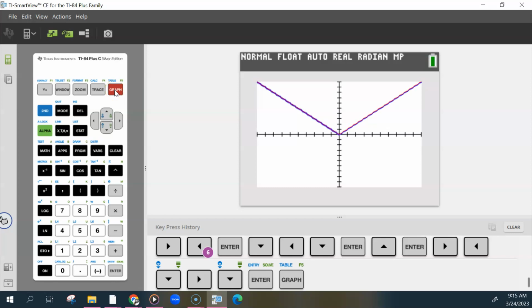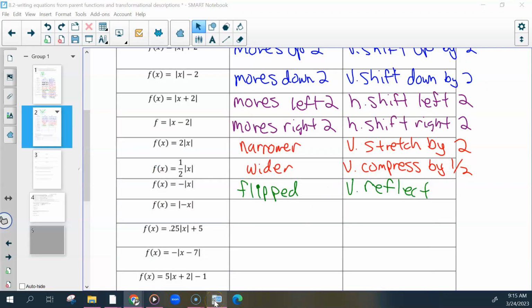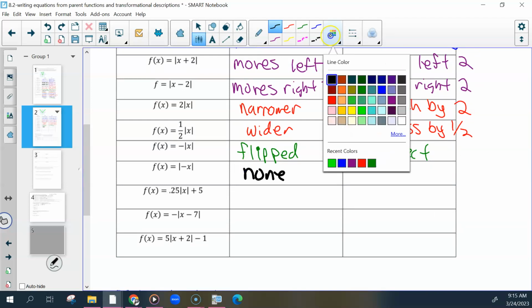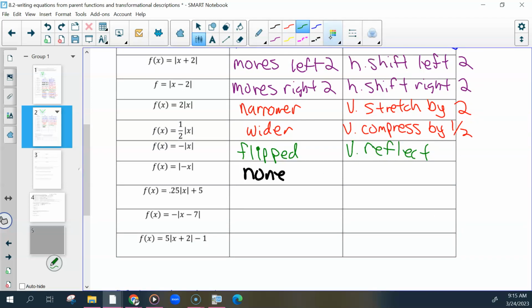So what Cameron was talking about earlier is that it did flip like this. It horizontally flipped, but you can't see it because it's literally right on top of each other. So the change would really be none. But this would be a horizontal reflection.